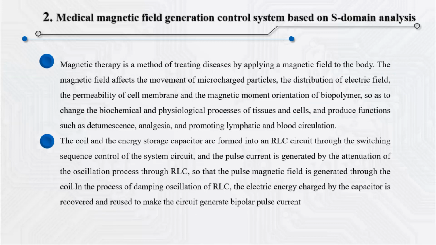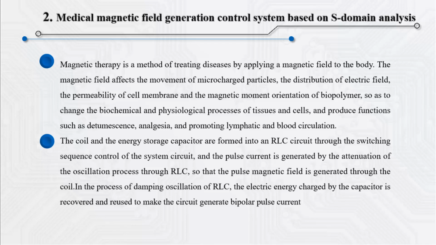Let's look at example 2. A magnetic field generation control system based on S-domain analysis. Magnetic therapy is a way to treat disease by applying a magnetic field to the human body.